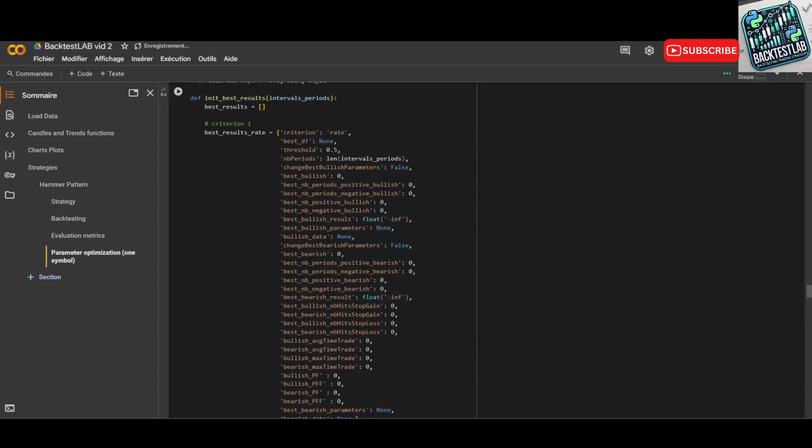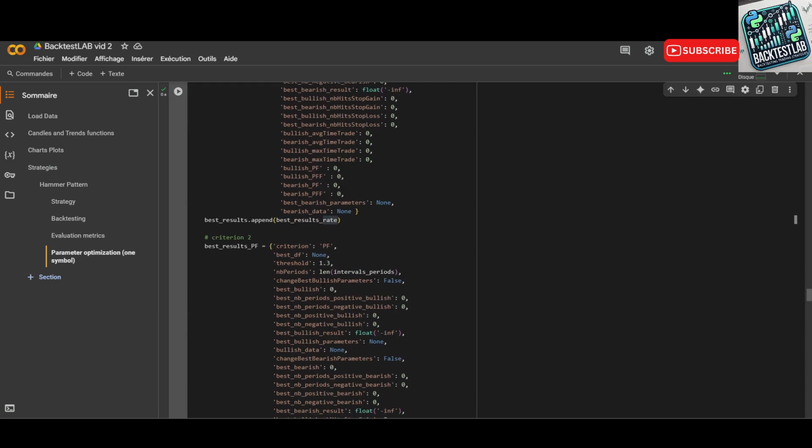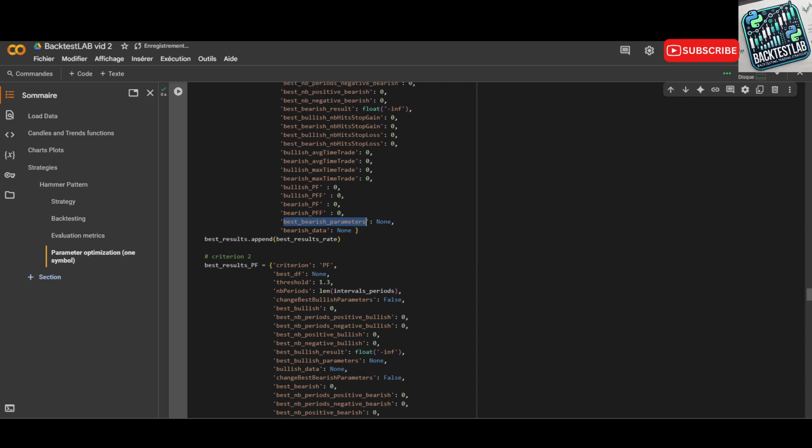Now this is the last part, and let's say this is the most difficult part. You don't need to understand all the details, but I will explain the general idea. Basically I need to go through all the combinations of my parameters, and each time I go through a combination, I will store the best results for the rate, the best results for the profit factor, etc. And as you can see, I am storing the best parameters when I am considering bearish trades, and the best parameters when I am considering bullish trades.